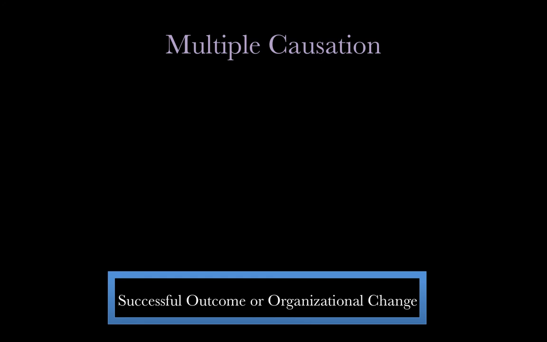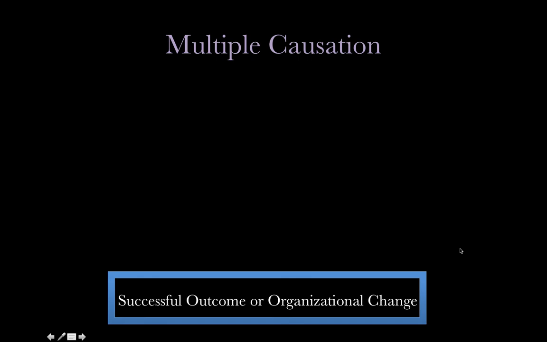Now, don't get burned out on the language related to statistics and research design here, but it is really applicable. And the basic idea behind multiple causation is this, that each change in a system is really caused by numerous factors. So let's start down here at the end. The end goal, the successful outcome, or the successful communication change.